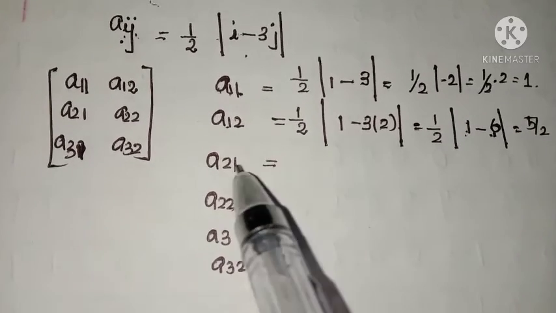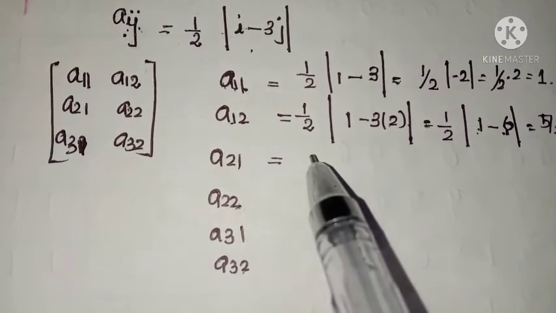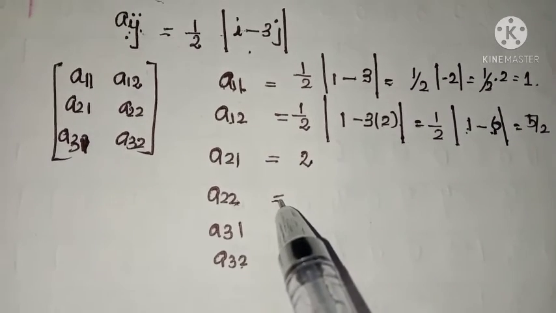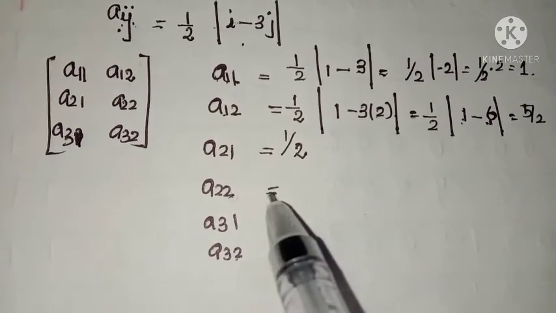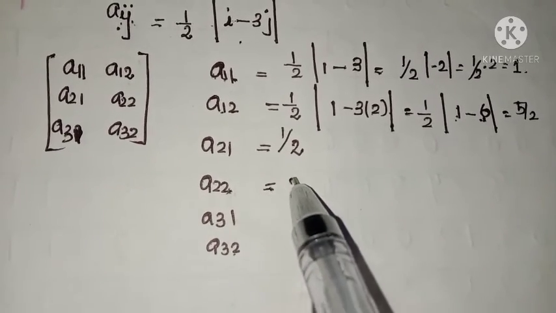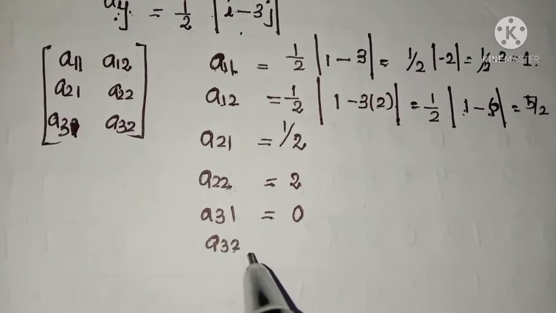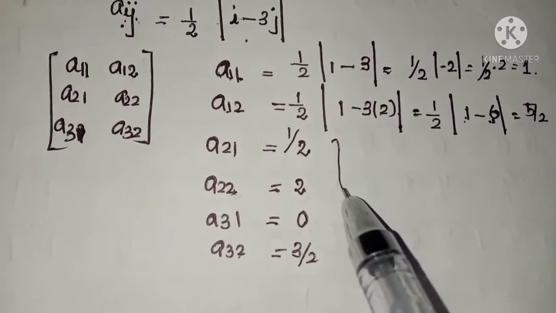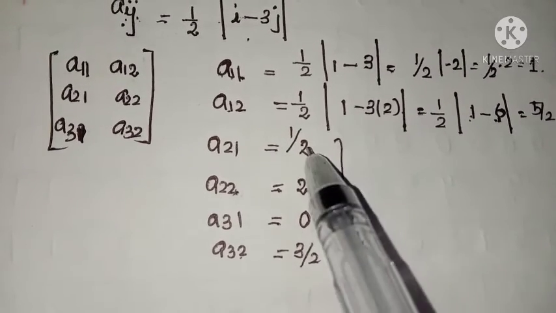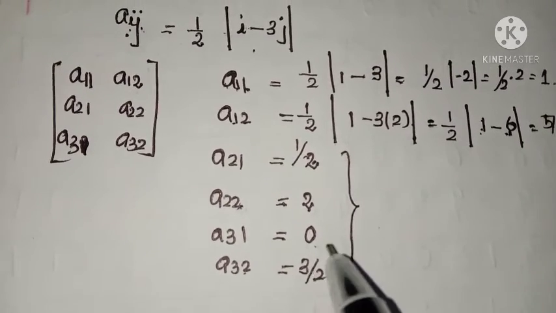Similarly, we can find these 4 elements. We can see that A21 is equal to 1 by 2, A22 is equal to 2, A31 is equal to 0, and A32 is equal to 3 by 2. So do it by yourself and check whether these elements are correct or not.